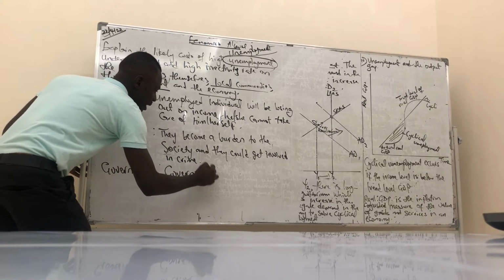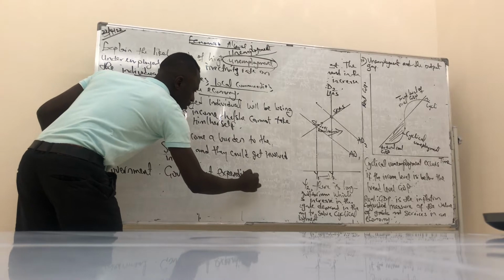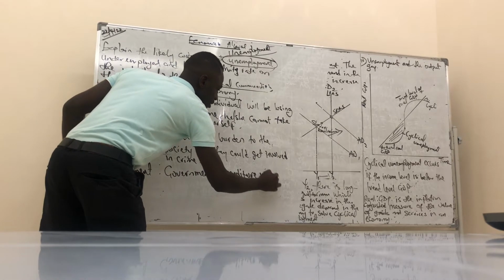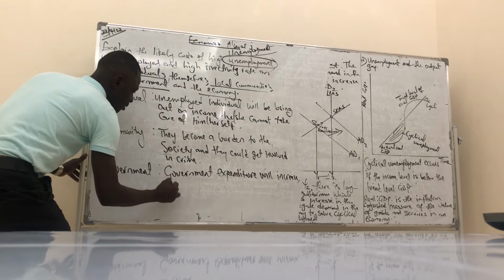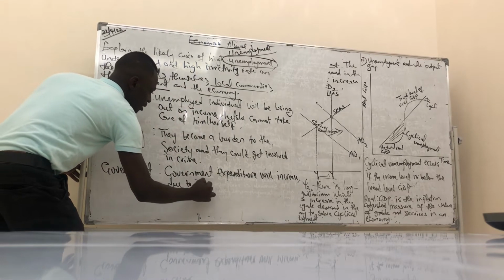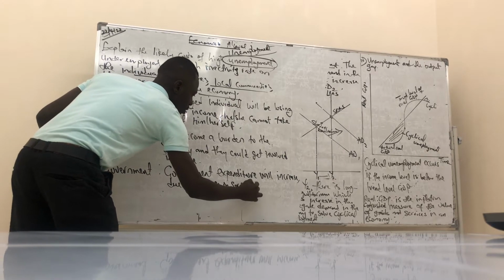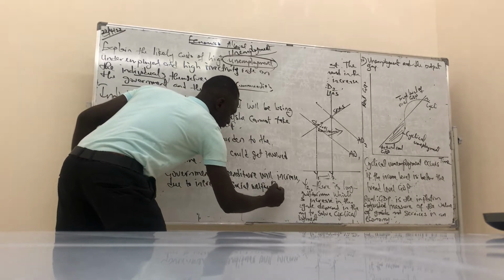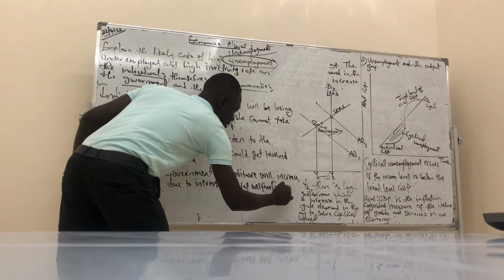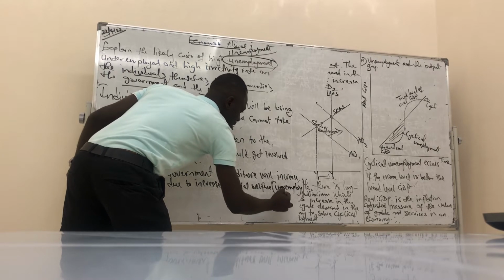Government expenditure will increase due to the increase in social welfare, on unemployment benefits.